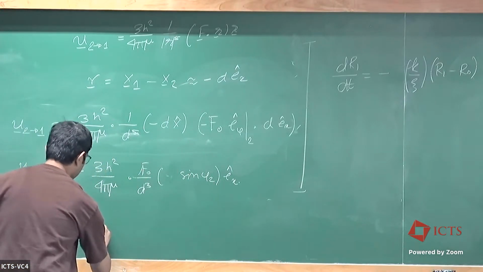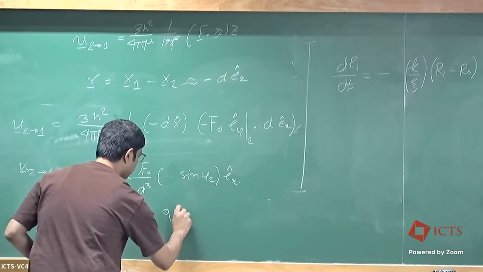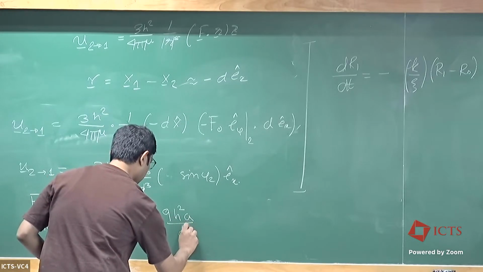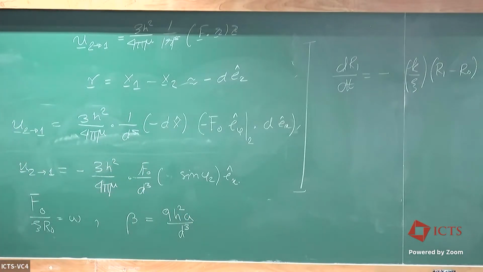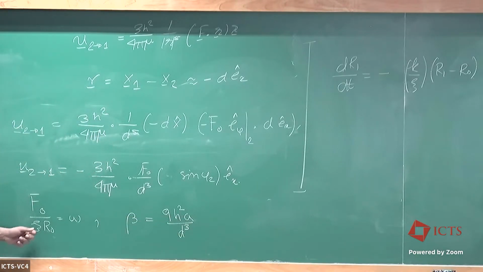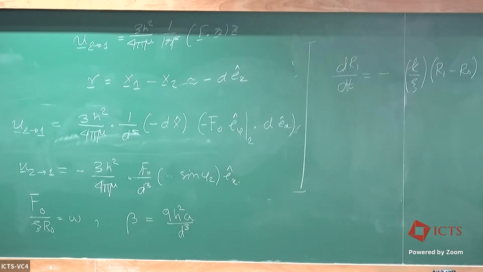I think I have an expression for beta. The beta is really 9h squared a by d cubed. So it's a geometric parameter, and the fact that there is an a showing up is the fact that zeta is 6 pi mu a. So if you do a bunch of manipulation, that's where this parameter comes from. But that's one equation for R1.